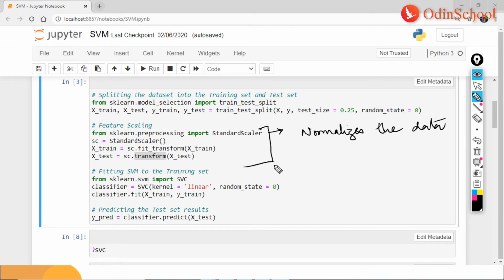So here I am performing my feature scaling. I'm doing fit transform on my x train, and I'm using transform on my x test as known. Then in the next step here, we are using an SVC wherein the kernel is linear. Please note the kernel is linear here, and we are again considering the random state of 0 and fitting this to the train model now.